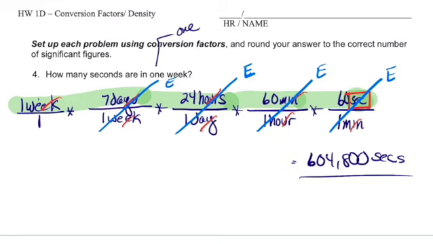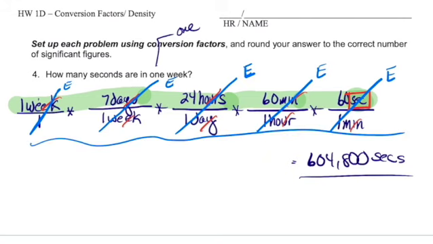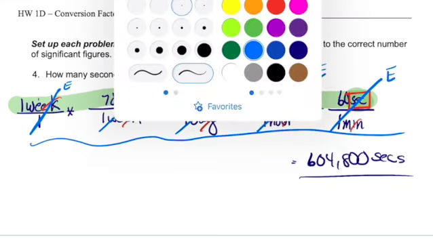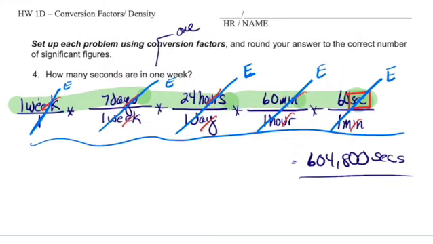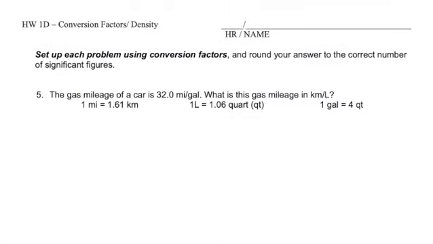And then 1 week, we already said, was going to be an exact number. So every part of our calculation is an exact number, which means that our answer, 604,800 seconds, is also an exact number. So the answer for number 4 is 604,800 seconds.